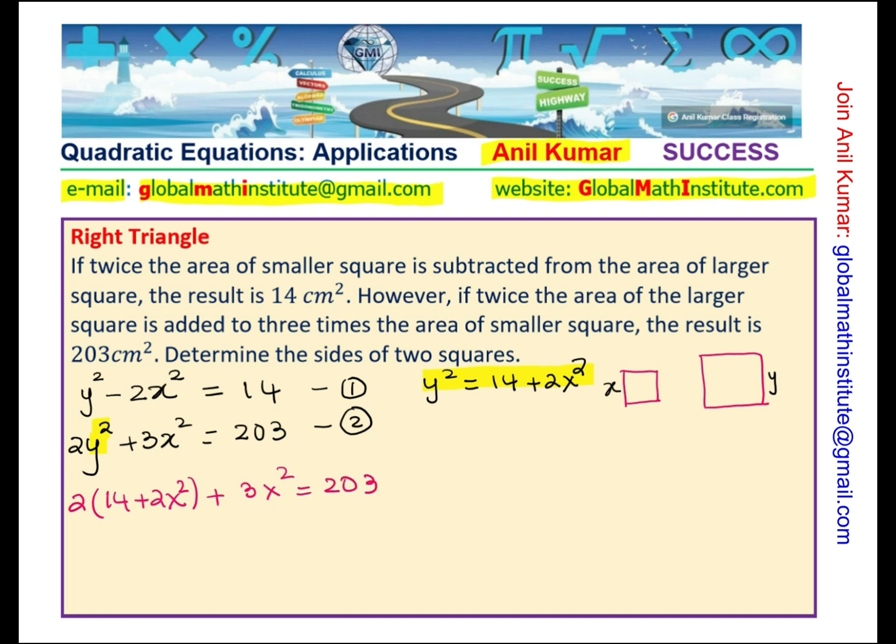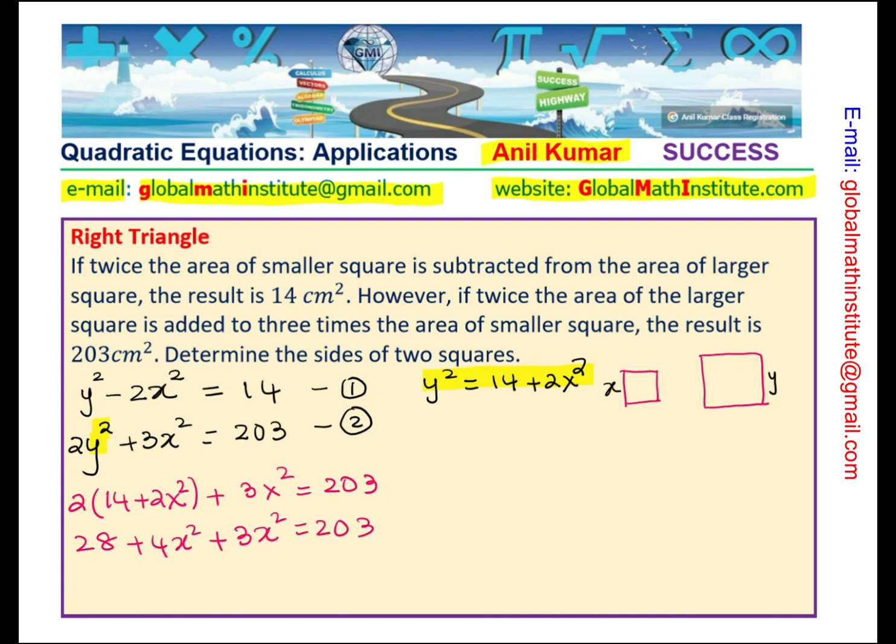Let's open the bracket and simplify. 28 plus 4x square plus 3x square equals 203. 4 plus 3 is 7x square, and we have 203 minus 28. So this is the equation to be solved.